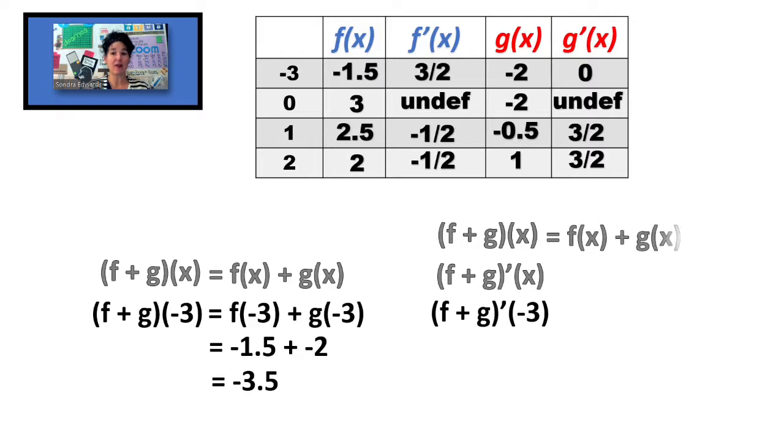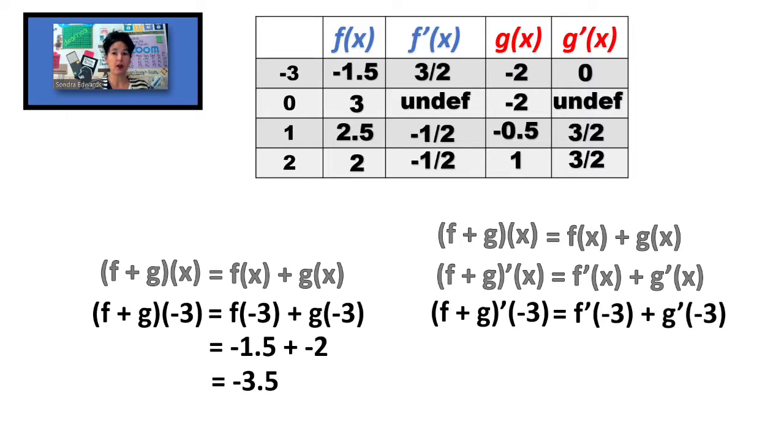That just means f of x plus g of x. So if I want to take the derivative of f plus g of x, that's the same thing as taking the derivative of f of x plus g of x. There is not a special rule for derivatives, right? For addition and subtraction, you just take the derivative. So the derivative of f of x plus g of x is f prime of x plus g prime of x. Now we're ready to substitute -3 into our derivative.